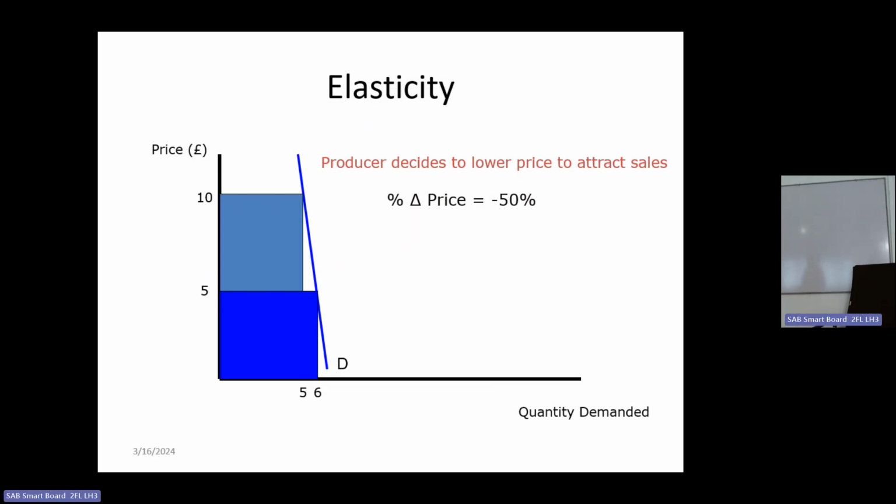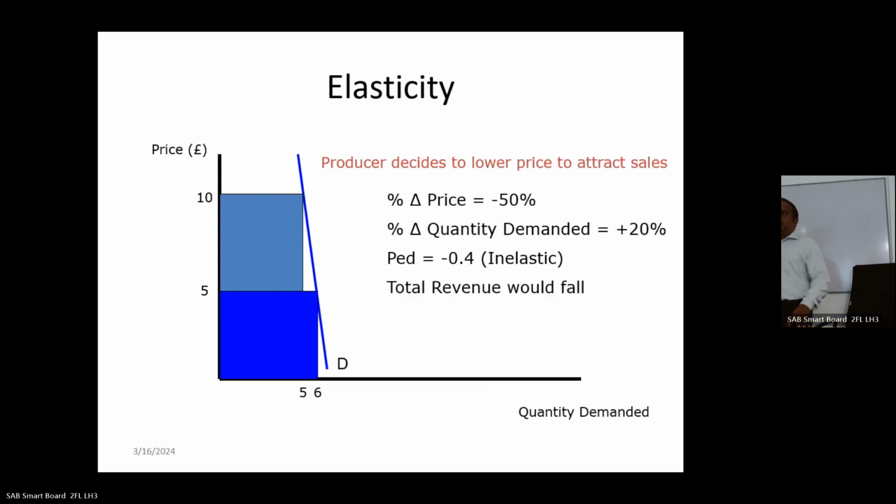In this case, there is a decline in the price of a good which has inelasticity. Say the price change is 50% and the quantity demanded changes by 20%. 20 divided by 50 is 0.4, so it is inelastic. With inelastic demand, the price elasticity coefficient is less than 1. We see a reduction in revenue with the price decline, so the price should be increased from 5 to 10, which will raise the revenue.